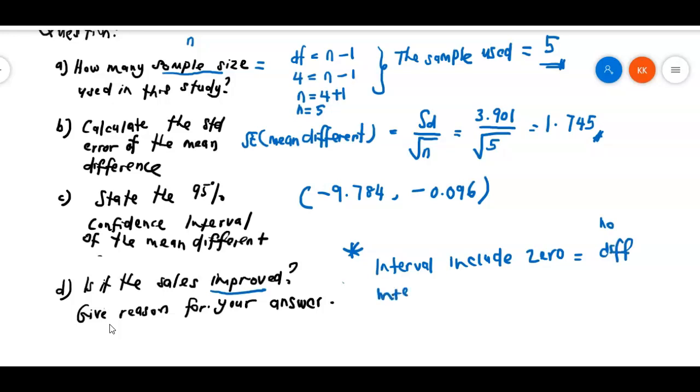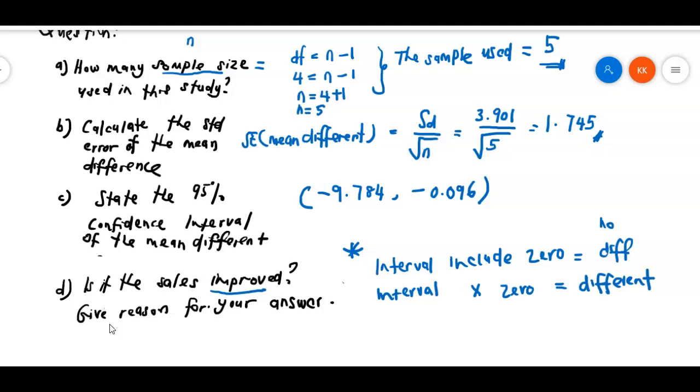If interval not include 0, different. Different means sale improved lah. Kalau tak ada beza, maksudnya sale tak improve. So here kita nak tengok sale ni improve or not. So kita kena make sure that the interval does not include 0. Baru kita kata dia improve.